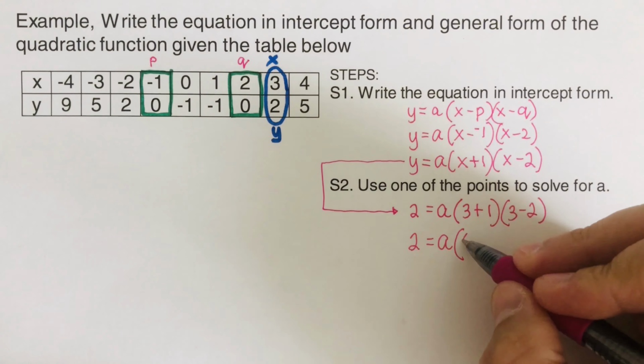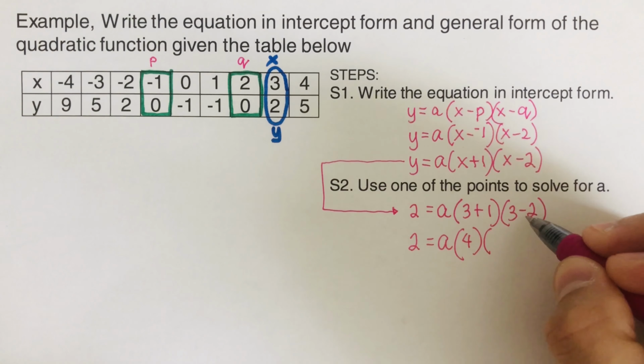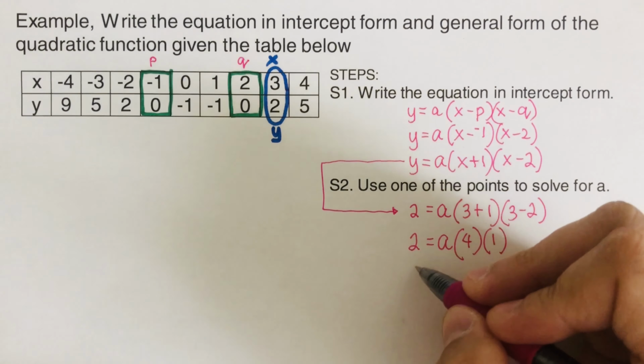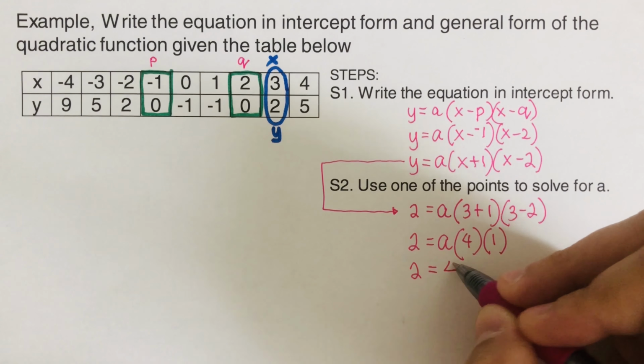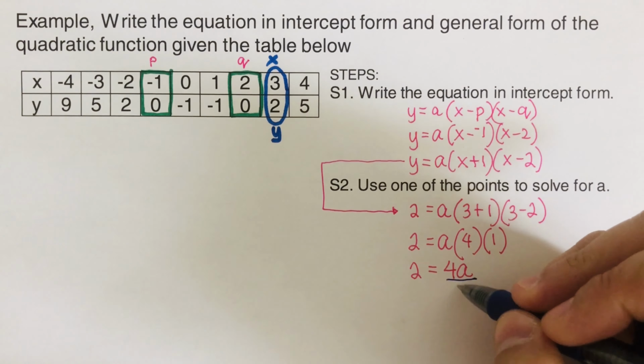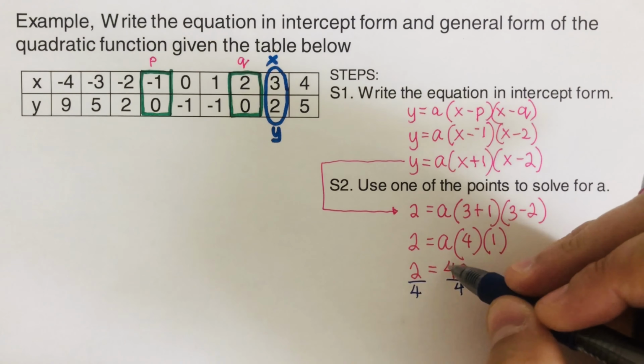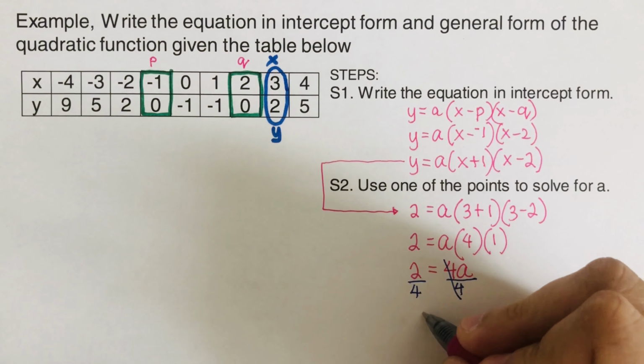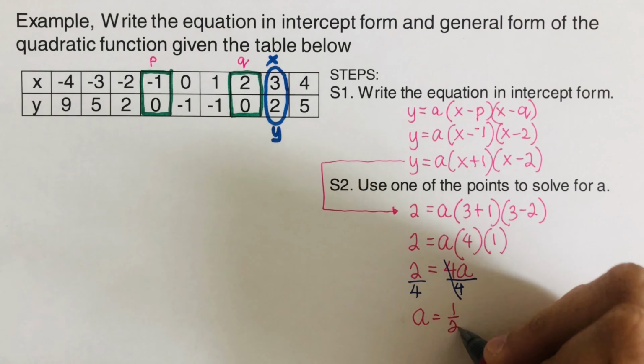3 plus 1 is 4. 3 minus 2 is 1. So this becomes 2 equals 4a. Divide by 4 from both sides. 4 divided by 4, so we can cross that out. So a is actually 1/2.